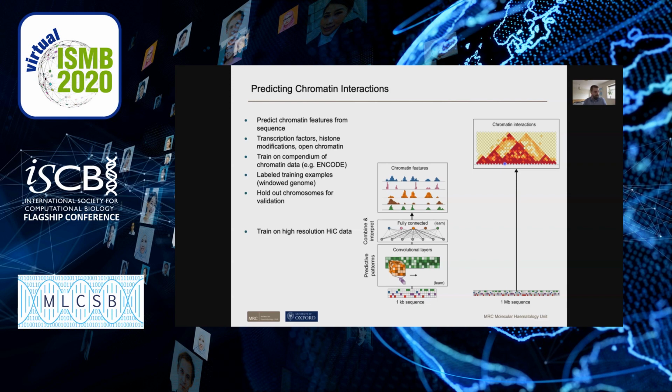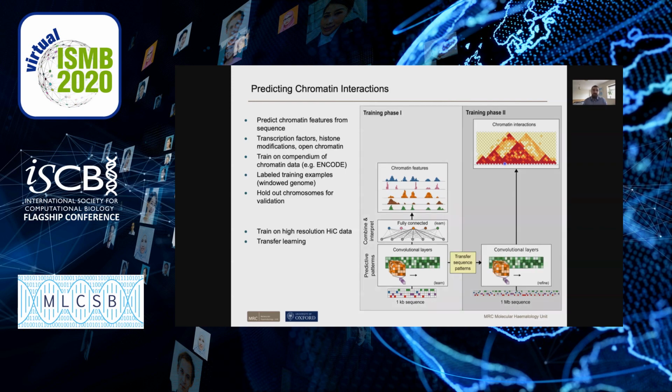The first trick that we employed was transfer learning, because we hypothesized that the sequence patterns that we can learn, and that are predictive of chromatin features such as CTCF binding, will be useful for predicting chromatin interactions. So in the first training step, we train a convolutional neural network to predict chromatin features, such as CTCF binding and transcription factor binding, as we've been doing for 5 years.